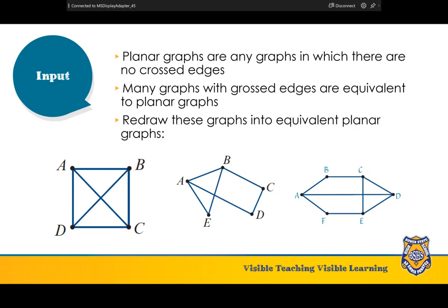I'll give you guys a couple of minutes to have a crack at redrawing those ones. Same rules as before, guys. You can either move an edge or move a vertex, whatever works for you and whatever makes it the least complicated. Either way is correct.